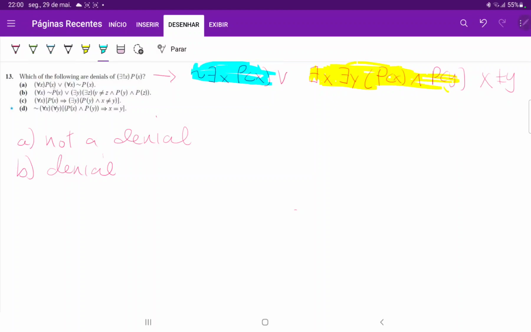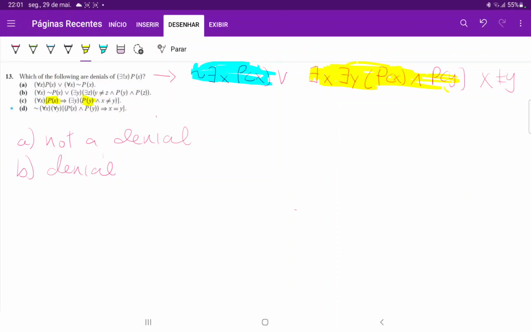Because we're saying if p of x is true, then that means that p of y is true, and x is not equal to y, right?